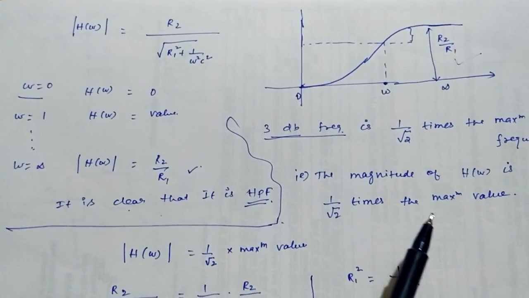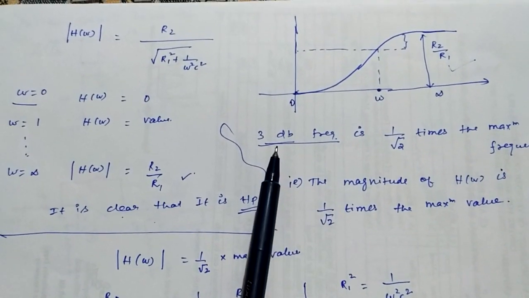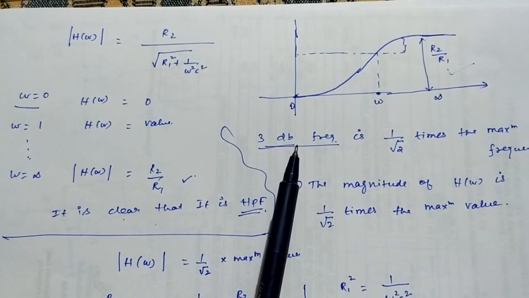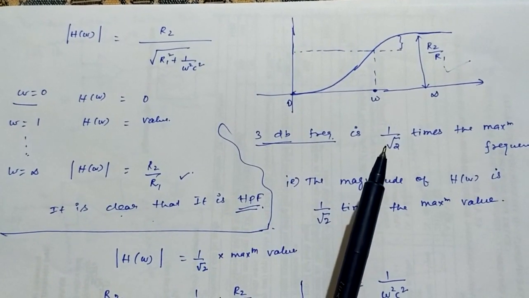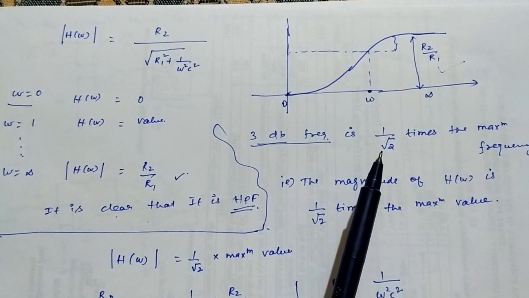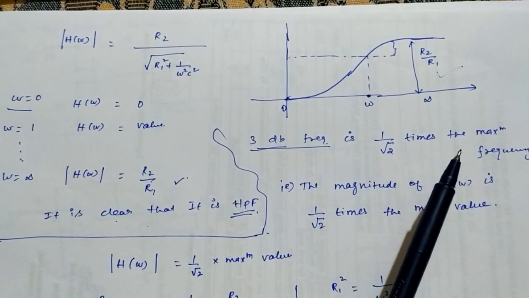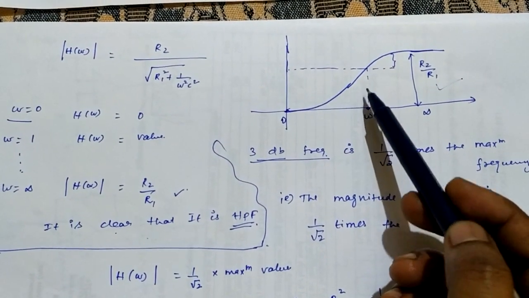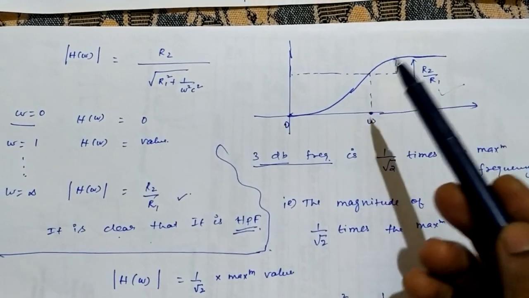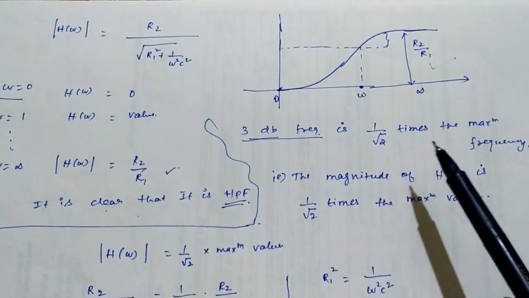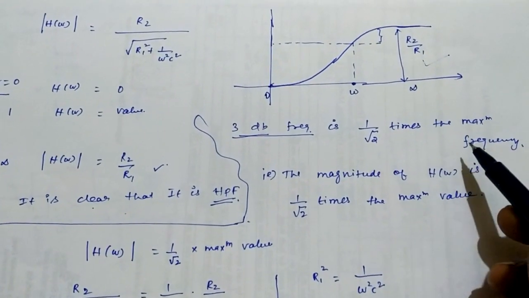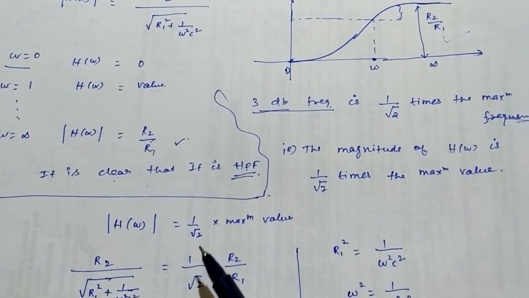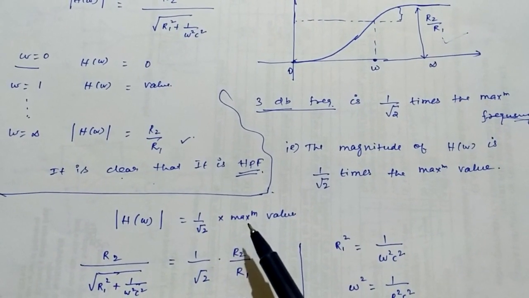Now the next one is, we need to understand what is the 3 dB frequency. The 3 dB frequency is the frequency at which the magnitude of the filter is 1 by root 2 times the maximum value, not the maximum frequency, the maximum value. We know the magnitude of H of omega is this. We need to find the frequency omega at which the magnitude is 1 by root 2 times the maximum value.